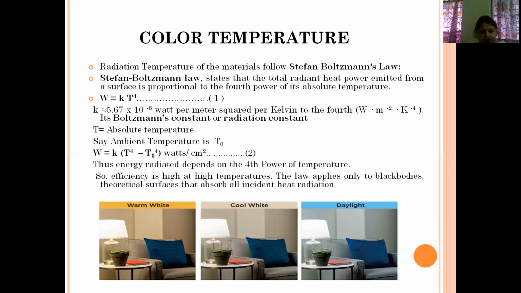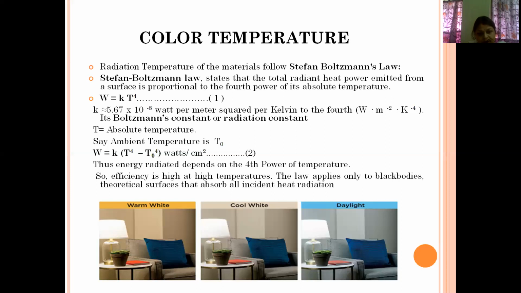So in the lower portion you can see that the same place is observed in different ways. In the first picture it is seen as warm white, next cool white, and the last one daylight.